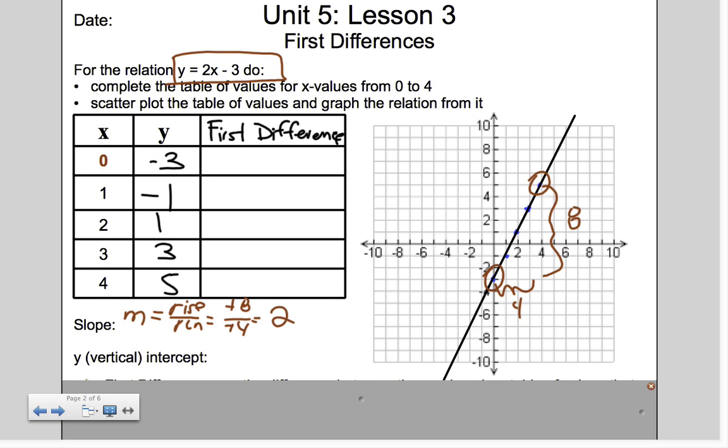This gives us a very special point on our line. This gives us the vertical or y-intercept. What do you think that means?